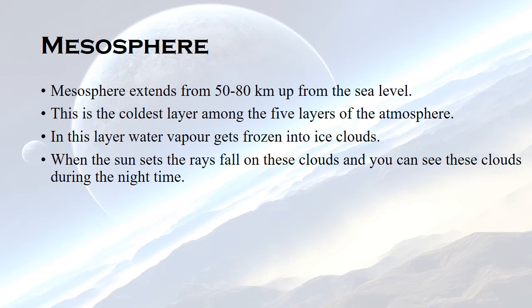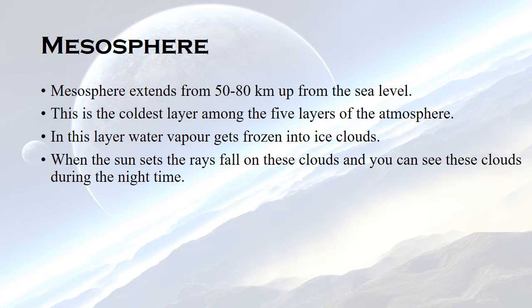In the mesosphere, temperature decreases as altitude increases, and it extends from 50 to 80 km up from the sea level. And this is the coldest layer among all the 5 layers of atmosphere.